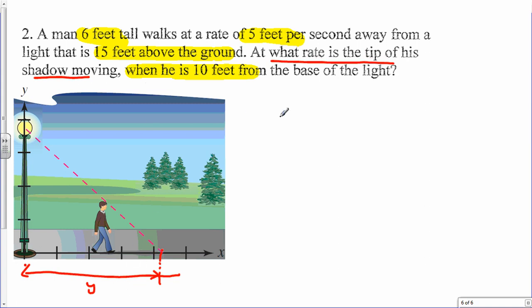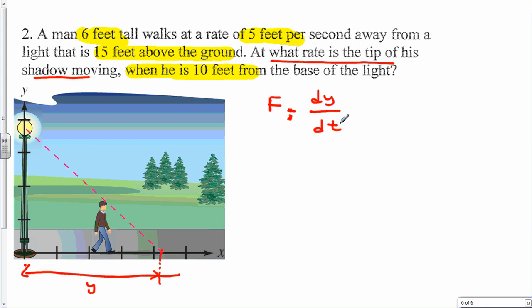What is asked? We need to find the rate of change of the tip of the shadow, which is the rate of change of y, dy over dt, with respect to time.